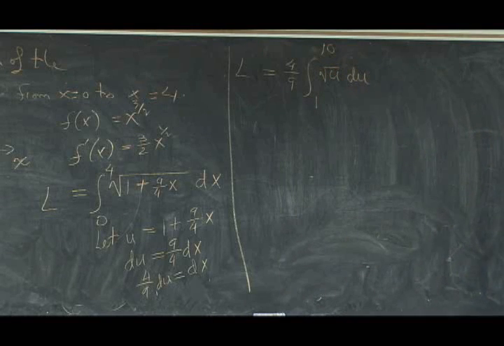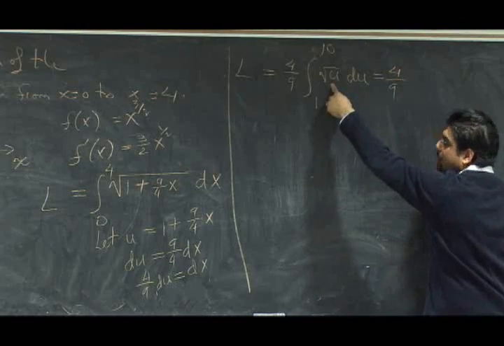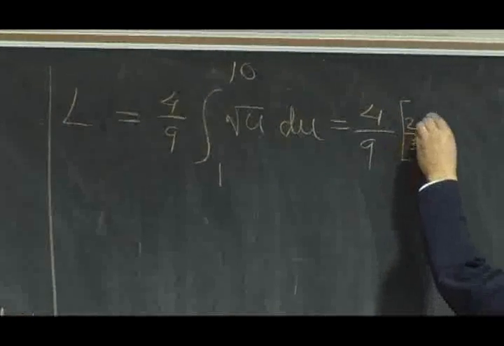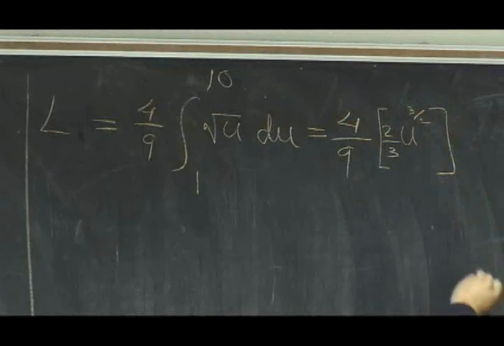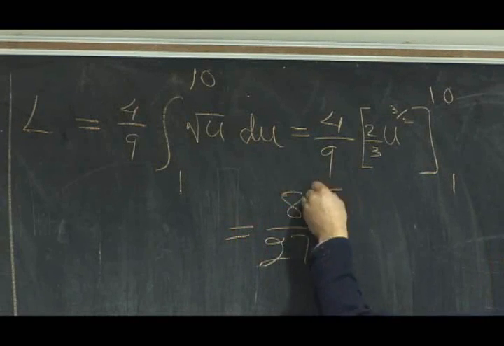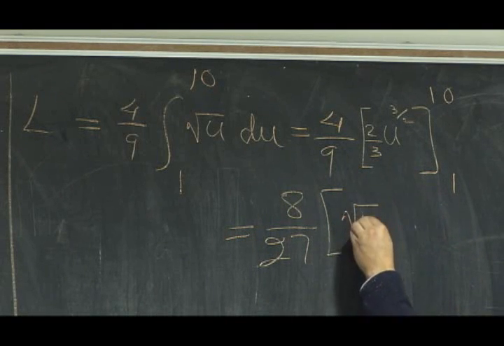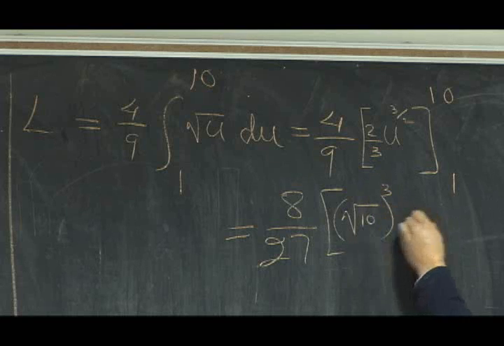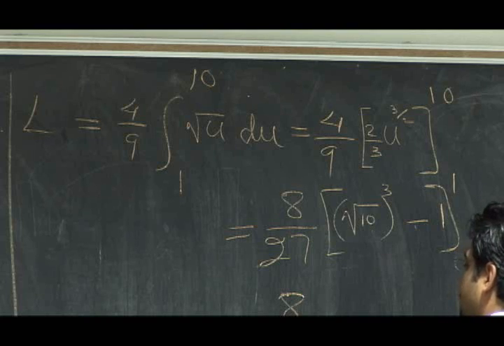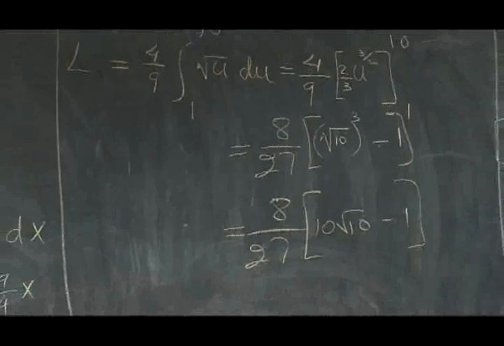Much easier integral. Okay, this is like u to the half. Yes? So you would get 2/3 u to the 3/2 from 1 to 10. So that would be 8/27. If you plug in 10, then you get the square root of 10 cubed. If you plug in 1, you just get 1. So this would be 8/27 times 10 square root of 10 minus 1. You can leave your answer like that.